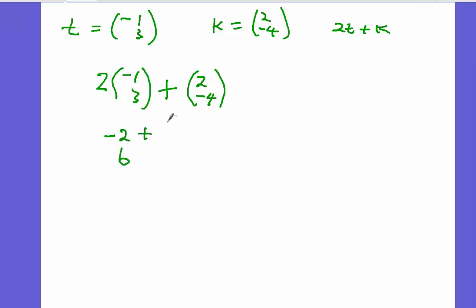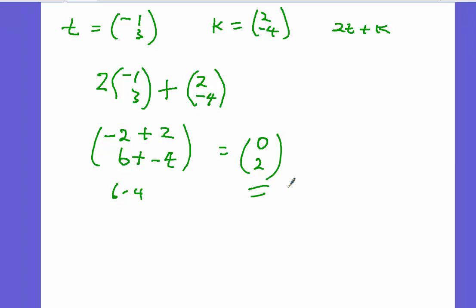Plus 2, plus -4. Good. So -2 plus 2 is 0. And positive and negative is going to give us a negative. Therefore, it's going to be 6 minus 4, right? 6 minus 4 is 2. That is our answer to question 1b.